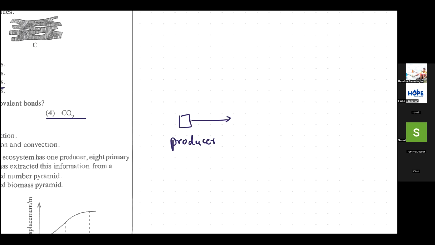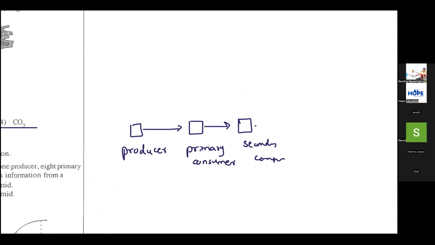The animal that feeds on the producer, we call it a consumer. The first consumer we call the primary consumer. The animal that feeds on the primary consumer, we call the secondary consumer. The animal that feeds on the secondary consumer, we call the tertiary consumer.